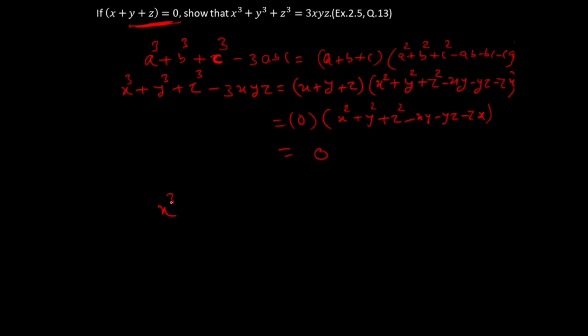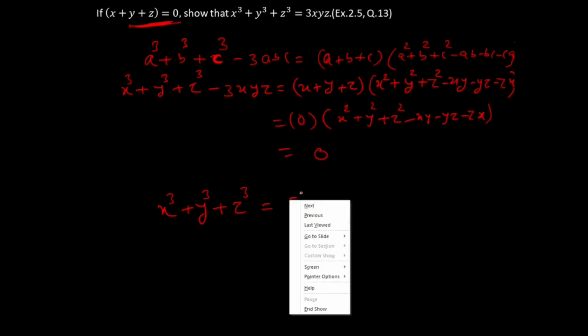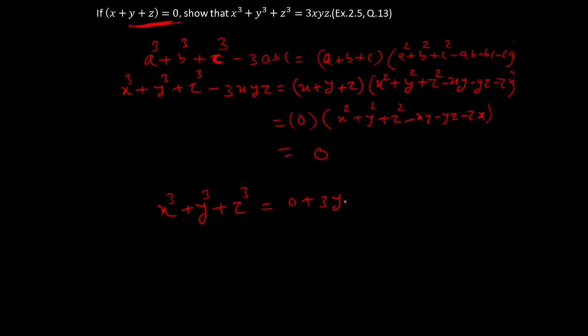So on the left hand side we are left with only this portion. Bring this negative on that side, that becomes 0 plus 3xyz. So the final answer is here, hence proved. So I proved x cube plus y cube plus z cube equal to 3 times xyz. That's proved.